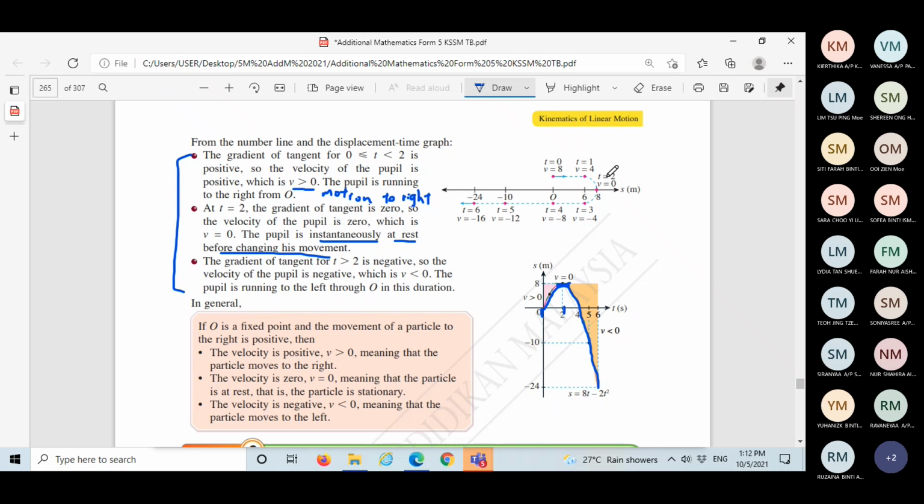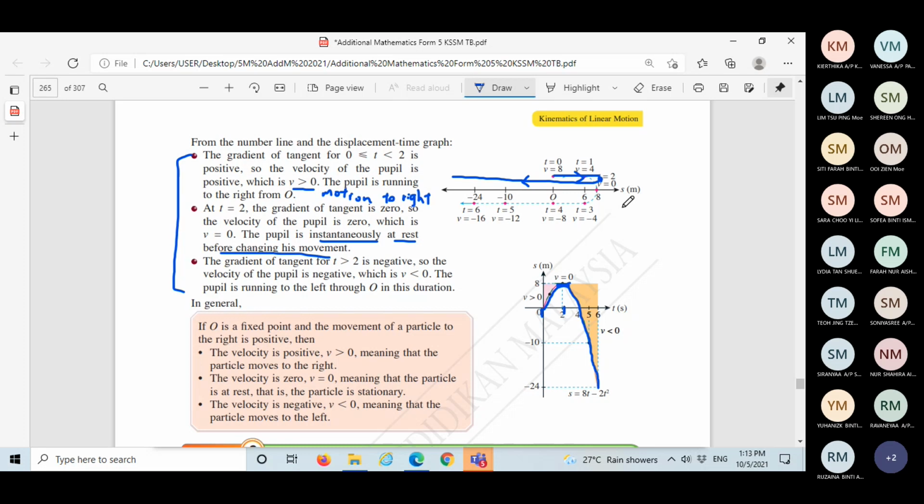Now we look at the number line. What is the meaning of motion to the right and motion to the left? You see, the particle is from here, it goes to here. This one we call motion to the right. Then it stops for a while at this point. After that, it goes this way, starting from t equals 2 onwards. The motion is to the left.